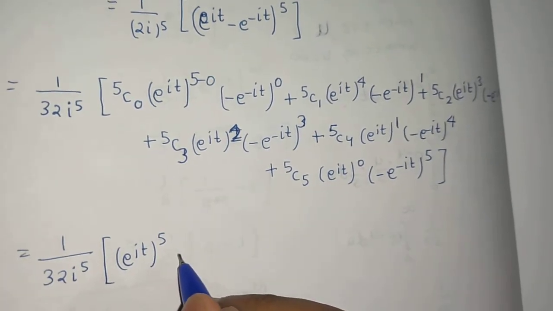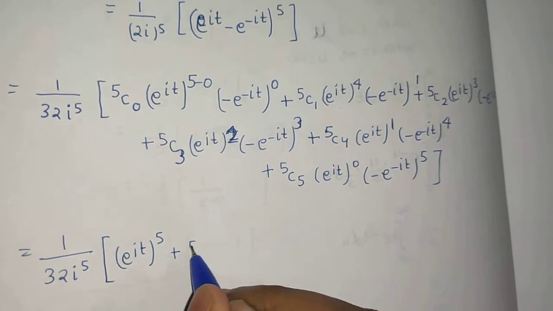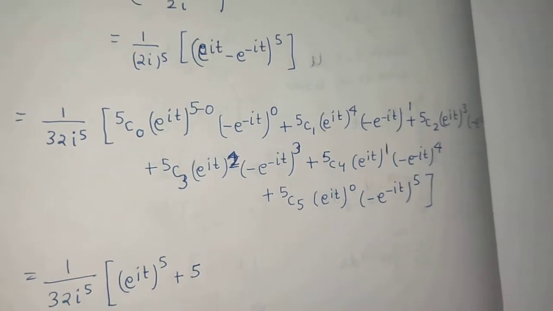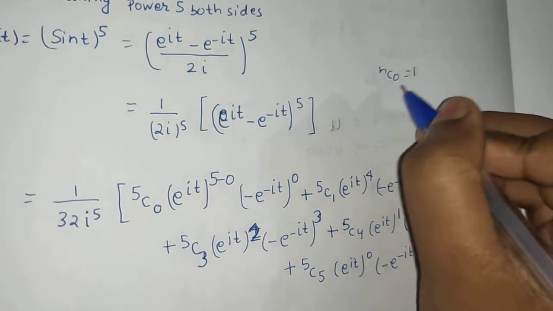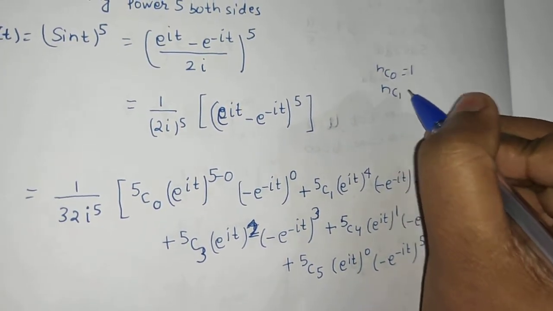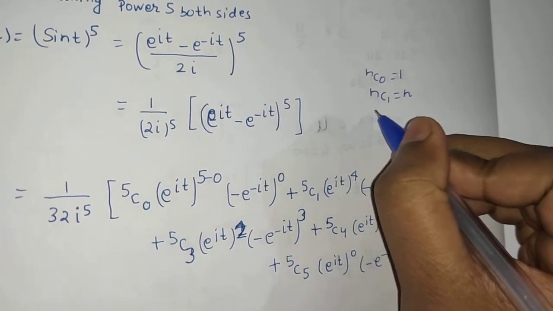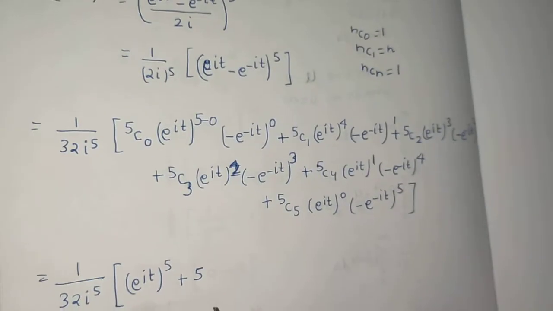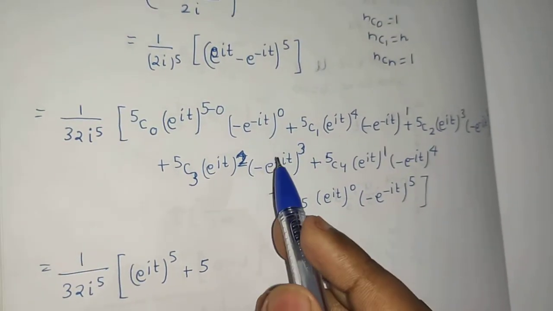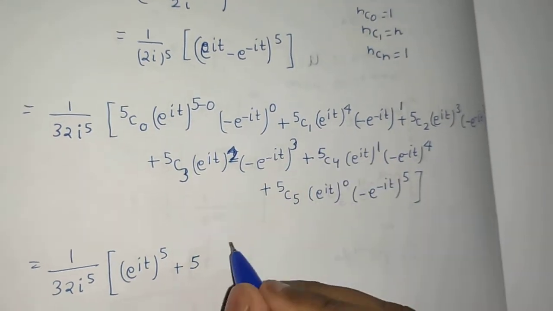I'm simply going to the second term now. 5c1 is 5. Now take this into consideration that nc0 is 1, nc1 is n, and ncn is also 1.